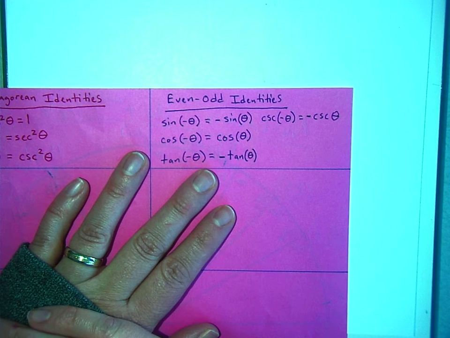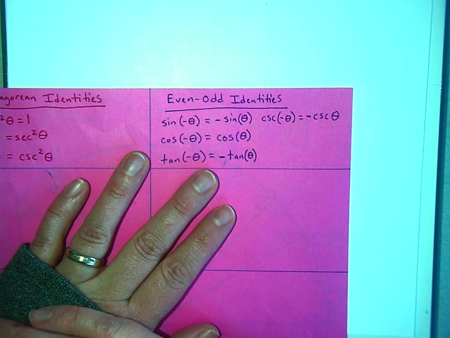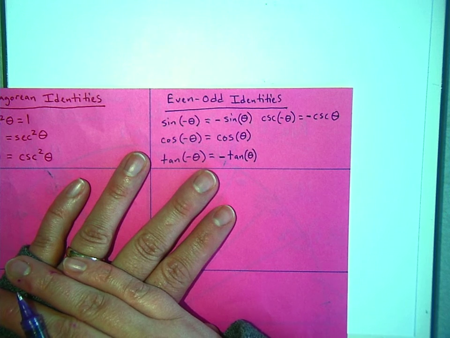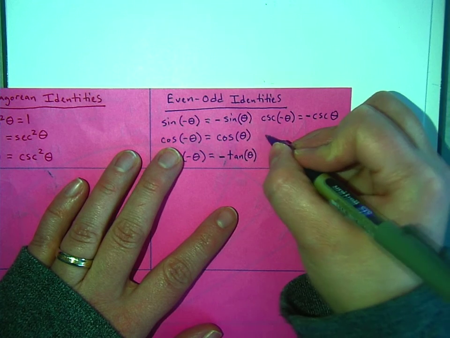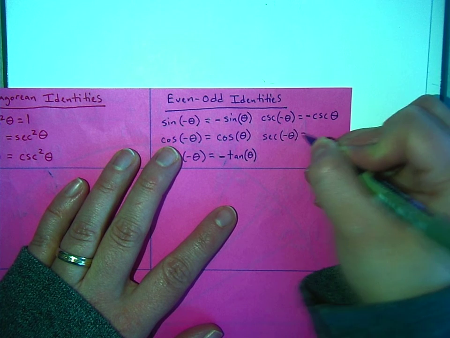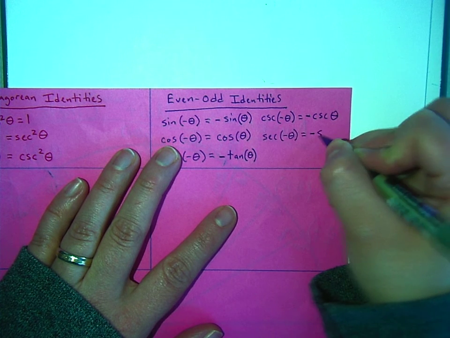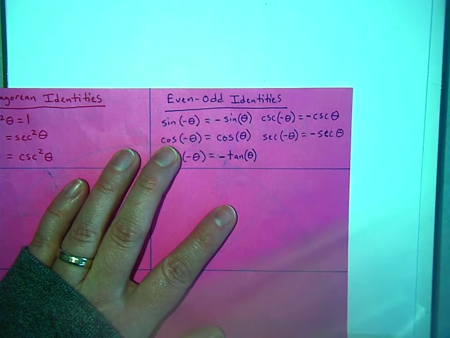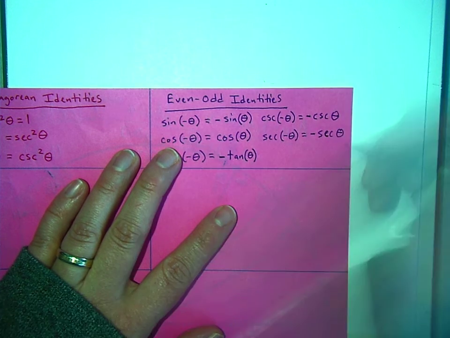Because I know that the y will change from positive to negative, going from the first to fourth quadrant. Same thing with cosine. The inverse of cosine is secant. Secant of negative theta equals secant theta. Positive, you're right.